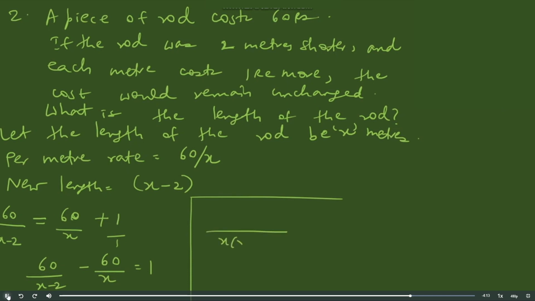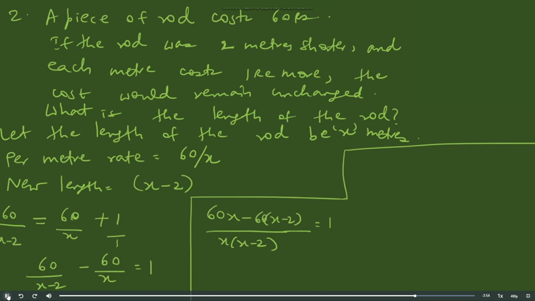LCM is x into x minus 2. 60x minus 60 into x minus 2 is equal to 1. 60x minus 60x plus 120, whole divided by x square minus 2x. 60x and 60x get cancelled, equal to 1.